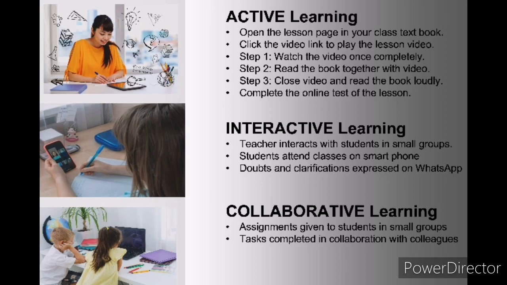Doubts and clarifications can be clarified either while the lesson is going on by raising your hand and asking a question, or you can send a WhatsApp voice message after the class is over, or you can call the teacher on the phone and ask the doubt.